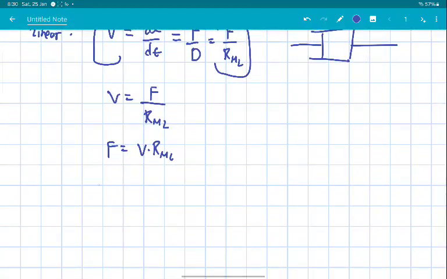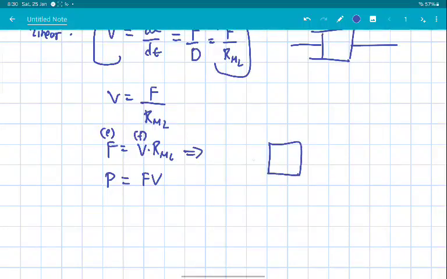And one thing from this we also know is that P is equal to F times v. So don't forget that. So you could say that your effort is force, let's put an E here, and your flow is velocity.